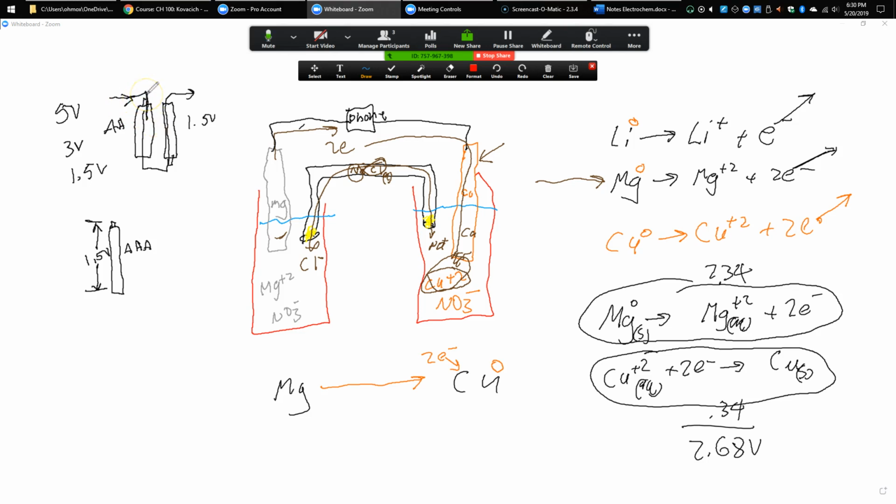So the electrons run through here and they get 1.5 volts. And then they go into the top of the next battery and run through here, and now they get another 1.5 volts for a total of 3 volts. Does that make sense? That's why you have to flip them over. If you put them in with the same orientation, there's no way it's going to work, because one battery is trying to push electrons with 1.5 volts in one direction, and the other battery is trying to push electrons with 1.5 volts in the other direction. So they cancel out and nothing occurs.